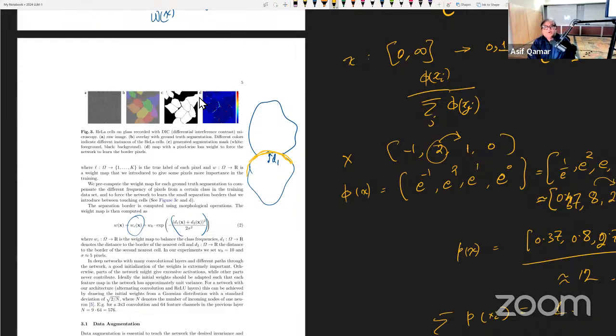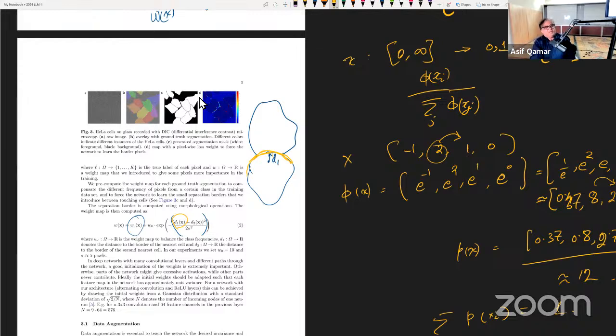So you should not treat the mistakes made on all points equally. You should give more weightage to mistakes made near the boundary. Does that make sense? So that is the first term. And the second term is the distance to the next cell. So they were playing with it and doing things, right?